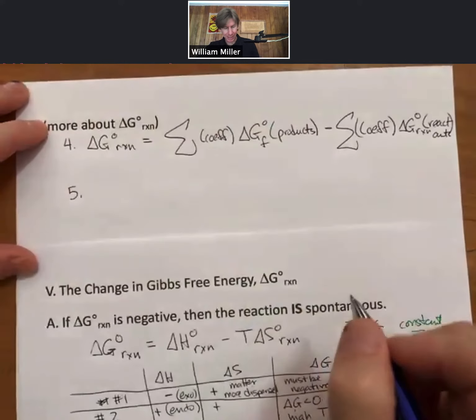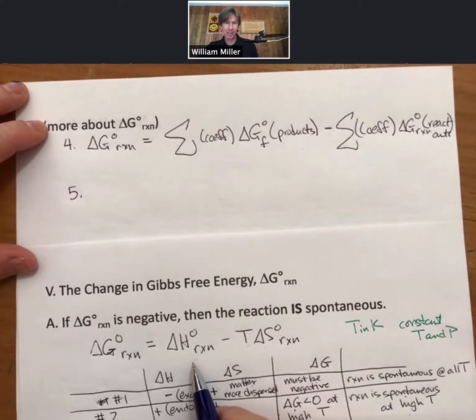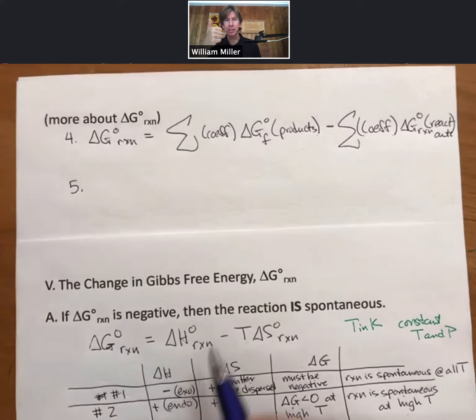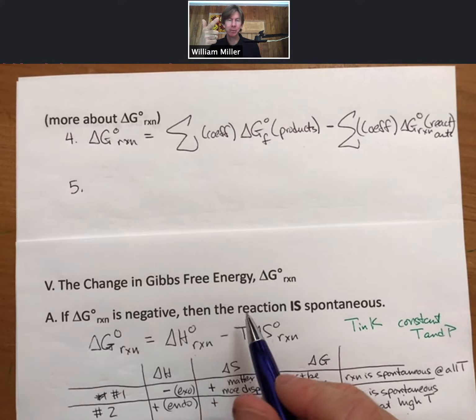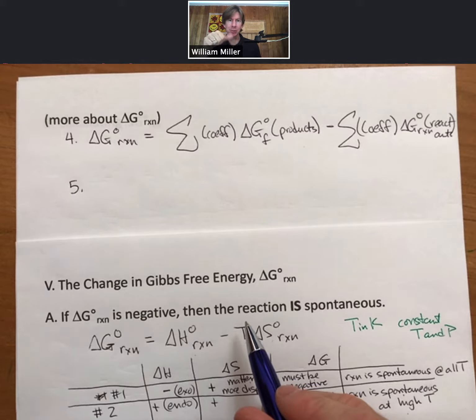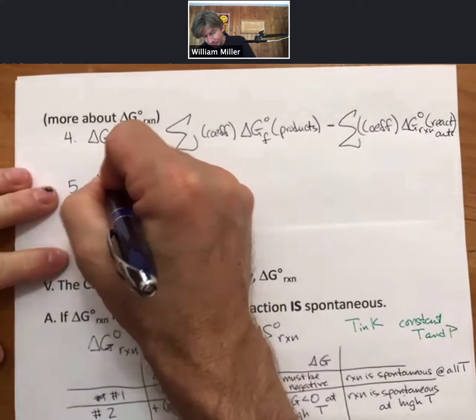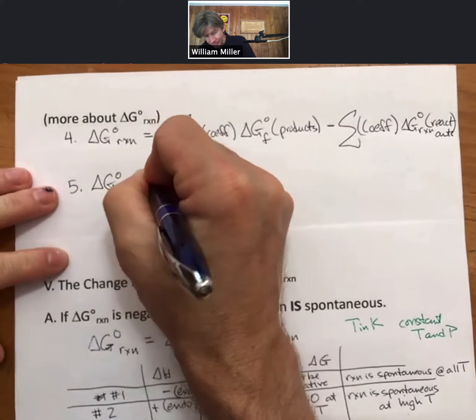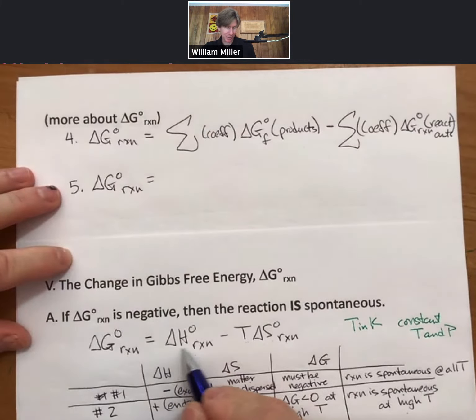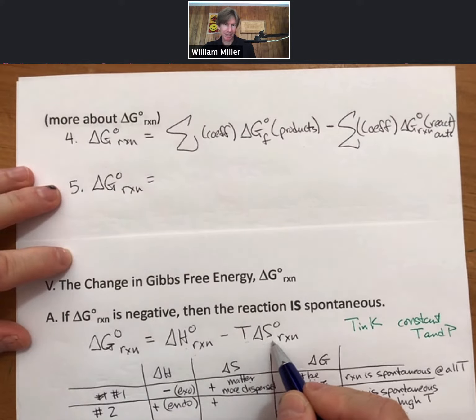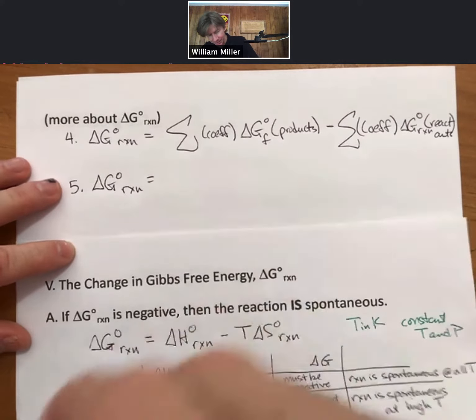Now, we will many times be interested in finding out if there's a temperature at which a reaction changes from spontaneous to non-spontaneous, and if so, what that temperature is. So we will first calculate delta H and delta S, and then solve for temperature as well.